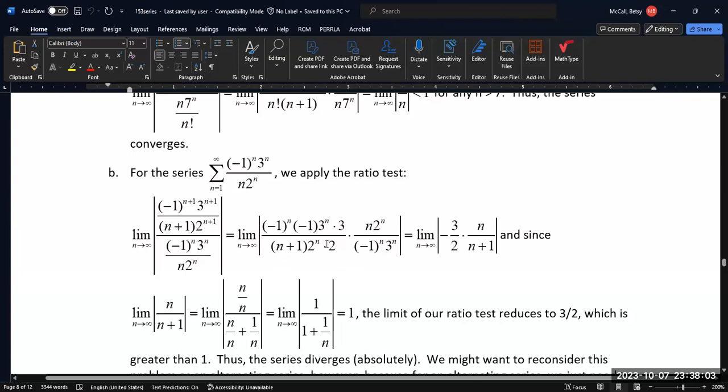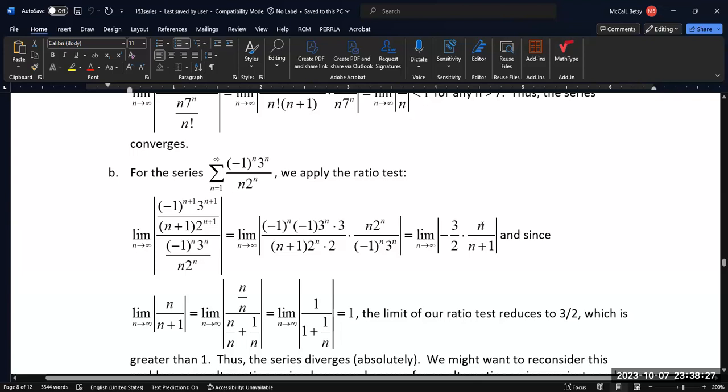Same thing for my 2 to the n plus 1. And now I can cancel -1 to the n, -1 to the n, 3 to the n, 3 to the n, 2 to the n, 2 to the n. And what I'm left with is I have one negative, I have one 3, I have one 2, and I have an n and an n plus 1.